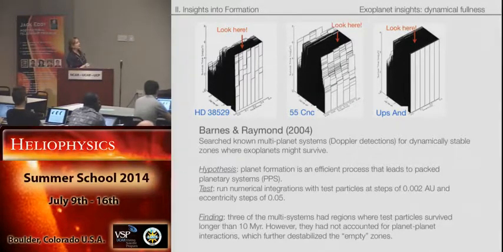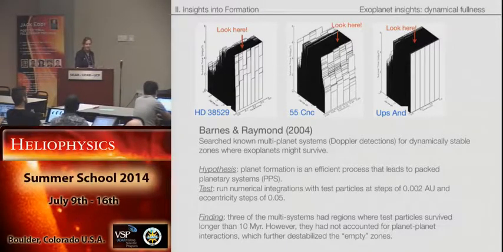Wherever they survive, this is the place where, if I put a fake planet here, it survives. So you should be looking here with your Doppler technique or other techniques to try and find planets. This is an empty region where you haven't found a planet yet.